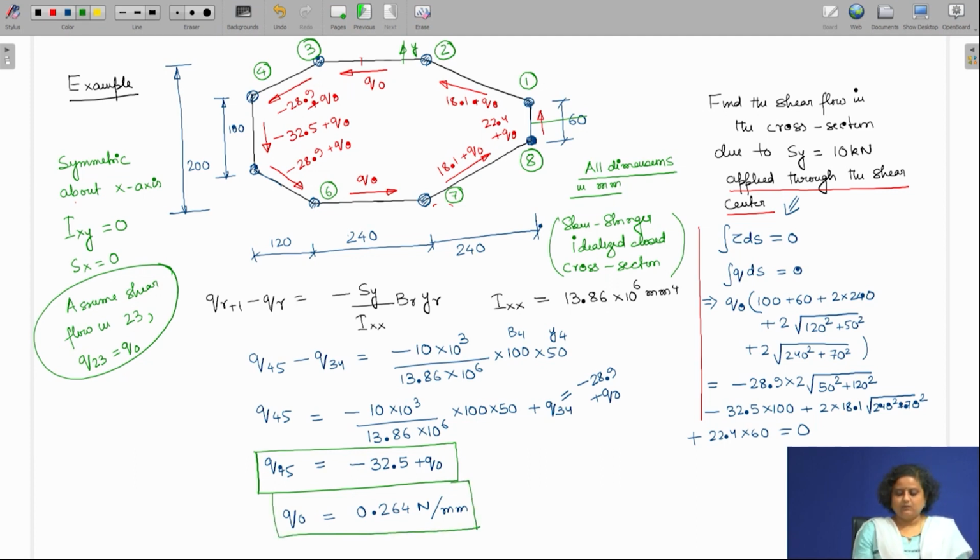Once we find out Q0, we can find out the shear flow in each component of the cross section. So this is how we can easily find out the shear flow in a closed skin stringer idealized cross section. The calculation is much simpler when we make such idealization. Thank you.